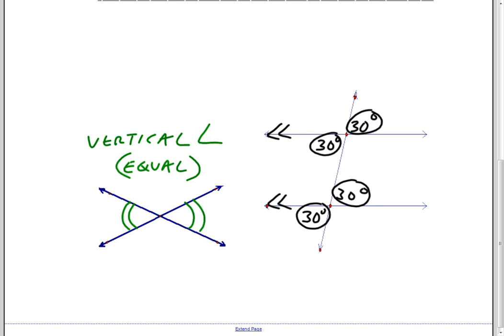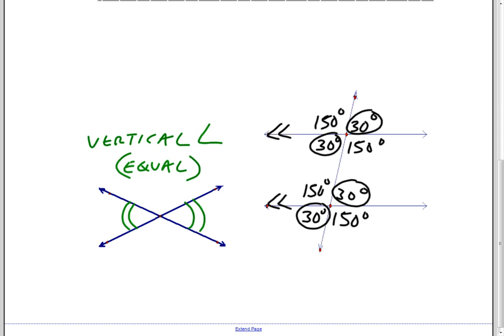So I corresponded. I got 30 and 30 and 30 and 30. What's got to be right next to 30? Right? 150. What's your justification for that? Supplementary, linear pair. And then I just throw in the rest of my angles.